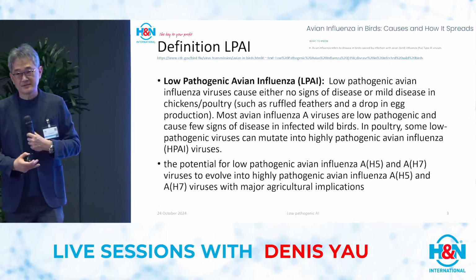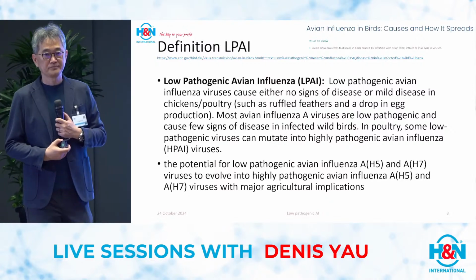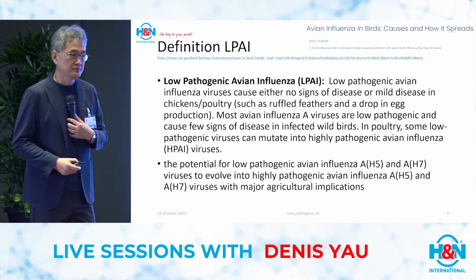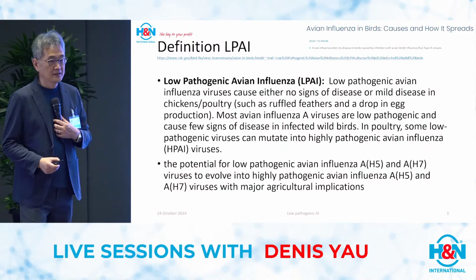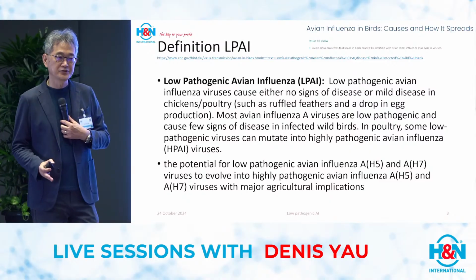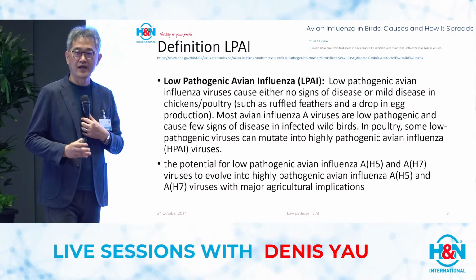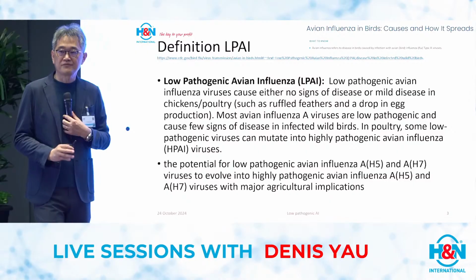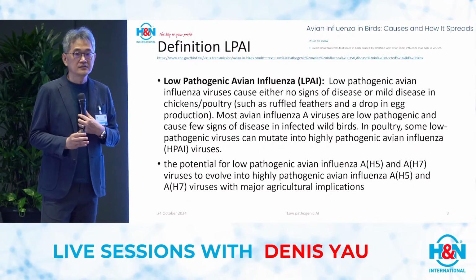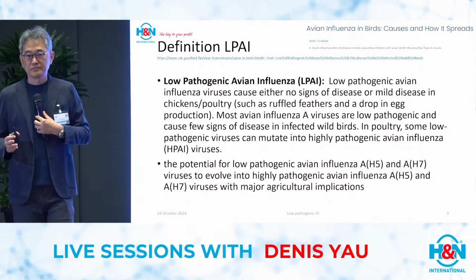Okay, as I promised, I'm not going to give you a long talk that the textbook can tell you. The point is, I'm not talking about the high pathogenic AI, which is more on the H5 or H7. But even H5 or H7 can also be in the category of low pathogenic AI.